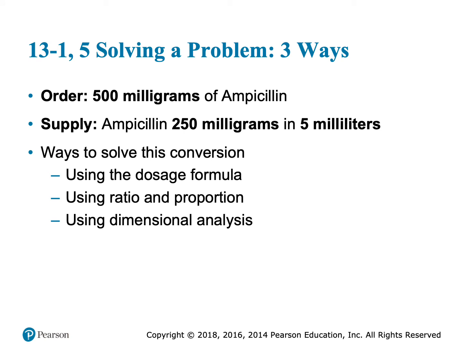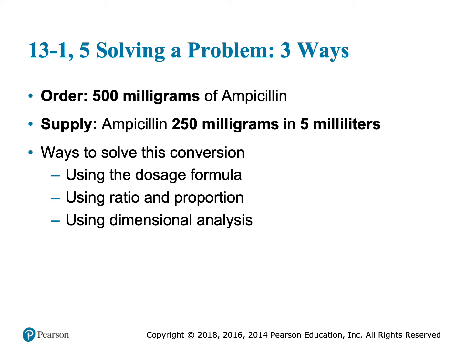Okay, so now let's look at a real world problem, and then we're going to solve it 3 ways. We're going to get the same answer each way, but we're going to solve it in 3 different ways. The problem is the doctor has ordered 500 milligrams of ampicillin.